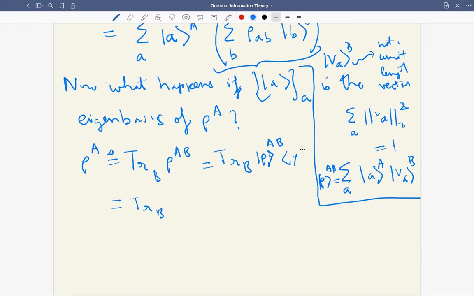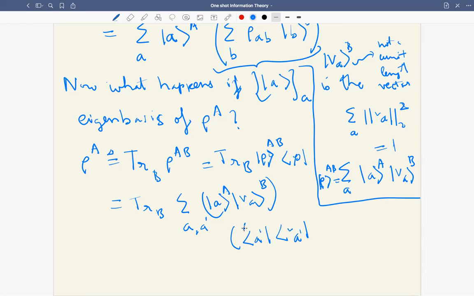This is some compact notation I have for that. So I can now write the summation over A prime, so ket A, V A, and now bra A prime, V A prime. This is A. This is B. Just taking ket bra.